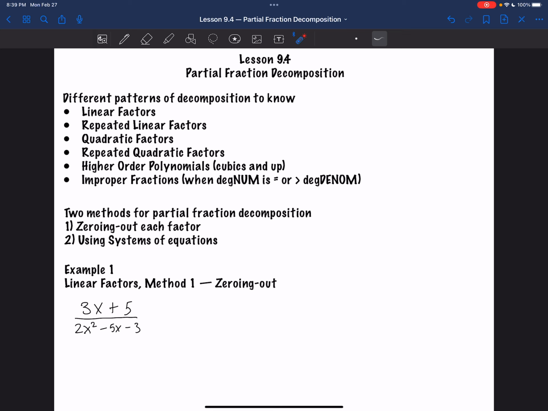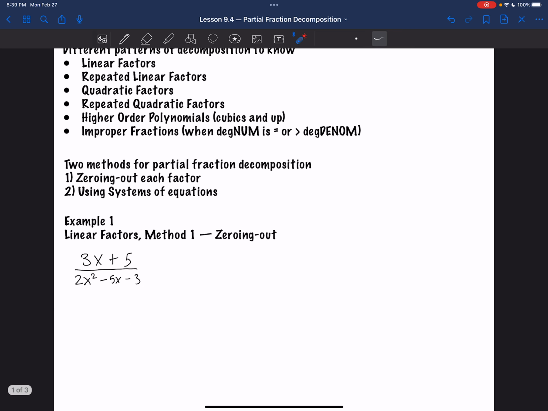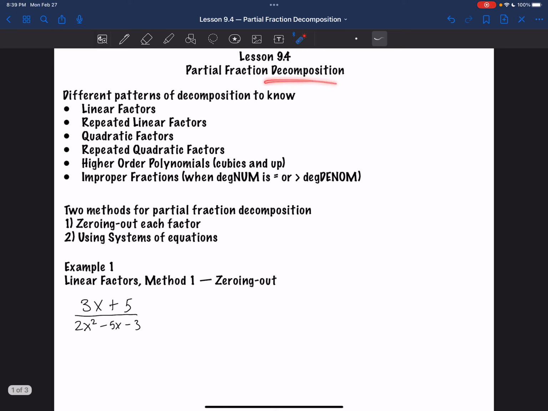What partial fraction decomposition is, is taking a complicated fraction, for instance, this one right down here, and decomposing that fraction. Decompose, meaning splitting it into smaller fractions, which we call partial fractions.